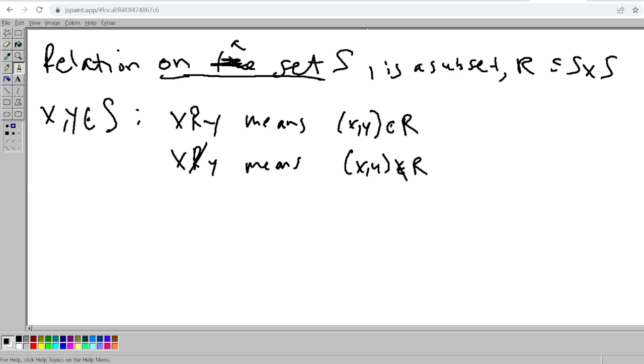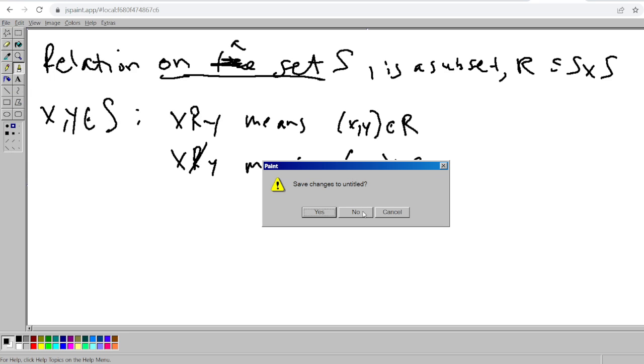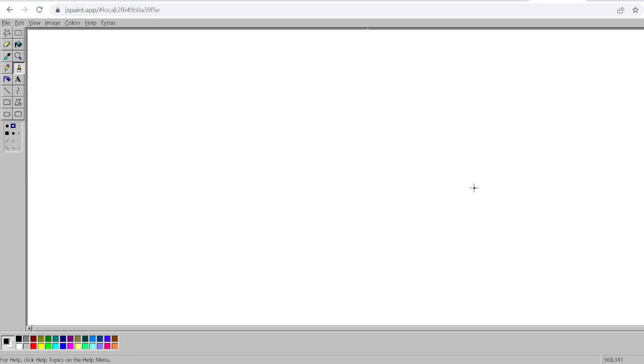And then we can define, I'm going to do a new page for it just because it is a lot of writing and actual mathematical terminology. We can call a relation different things. We can call it reflexive.